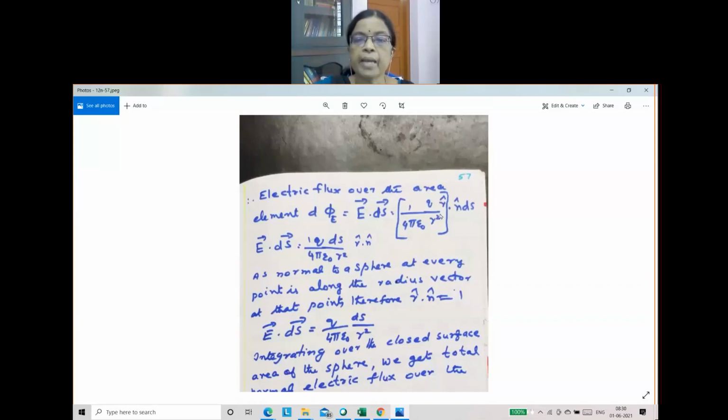Their magnitudes are unity and the direction is the same. So r dot n is 1, because it is 1 into cos 0, and cos 0 is 1.